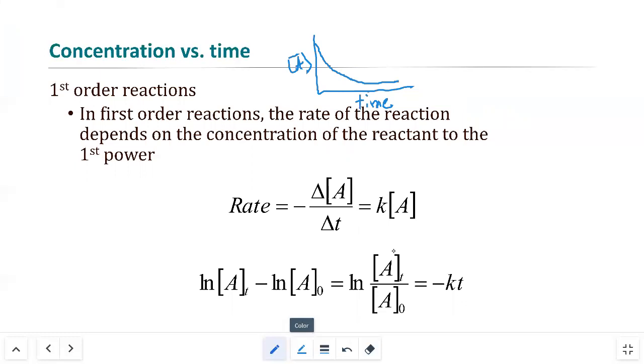And so if I look at it directly, there isn't a whole lot of information that I'm going to be able to get out of it just by looking at the concentration versus the time.